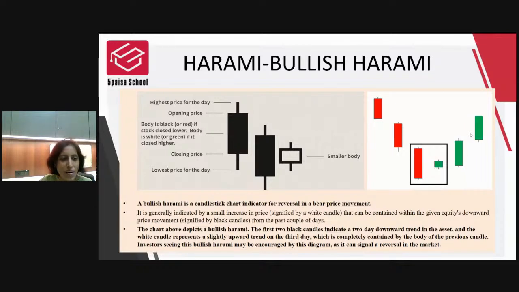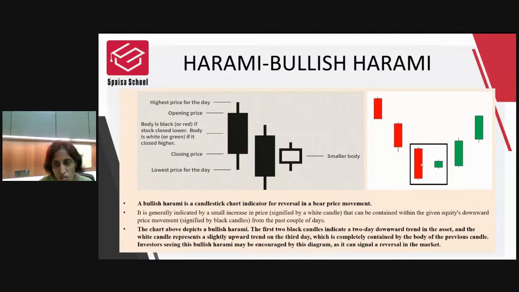So a bullish harami is a candlestick chart indicator for reversal in a bear price movement, and it is generally indicated by a small increase in price. You see a small increase in price signified by a white candle or a green candle that can be contained. Now, this is important, that can be contained within the given equity's downward price movement.